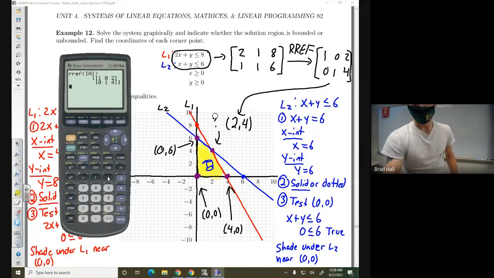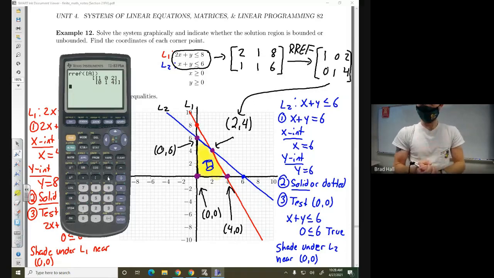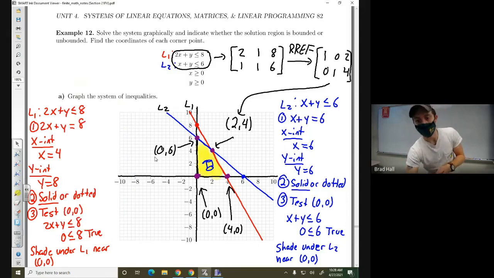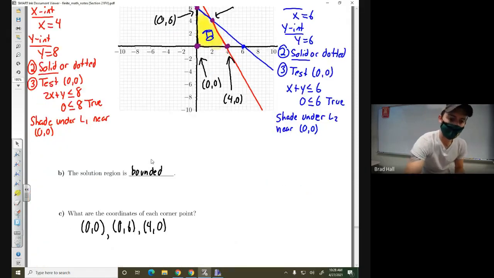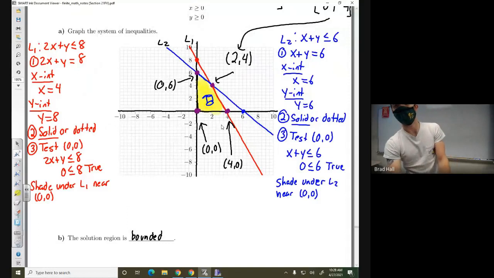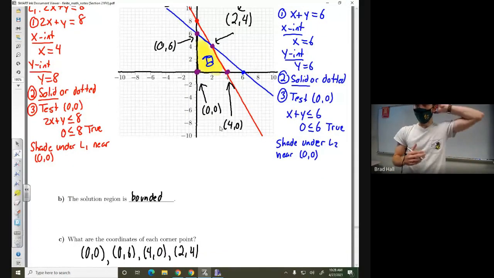This is one application of this. So that's the last corner point. It's 2 comma 4. Again, for this problem, it might give you a very nice graph for which you could just tell what the corner point is, or you might have to use a matrix.